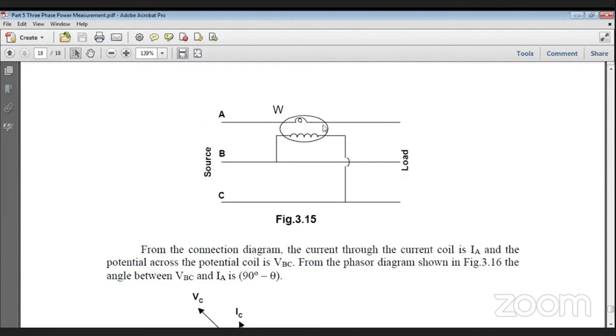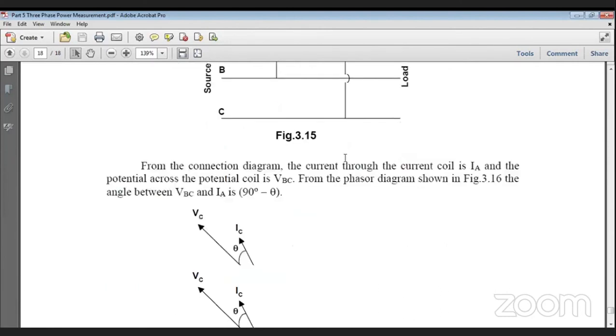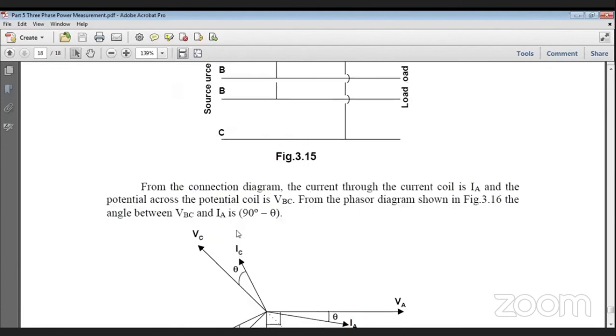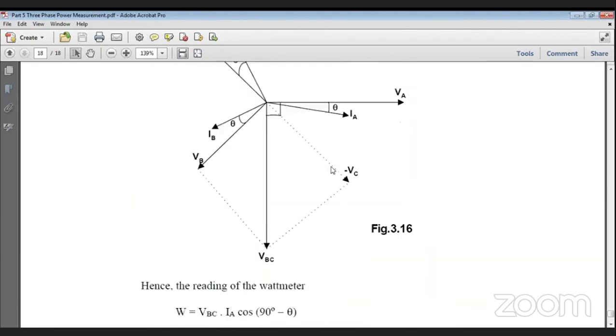Now, if I look at the phasor diagram, VA, VB, VC, these are the three voltages, then three currents, IA, IB, IC, and I am saying it is balanced. Then what is VBC? It is VB minus VC. So VB, then this is minus VC, then this diagonal is VBC.